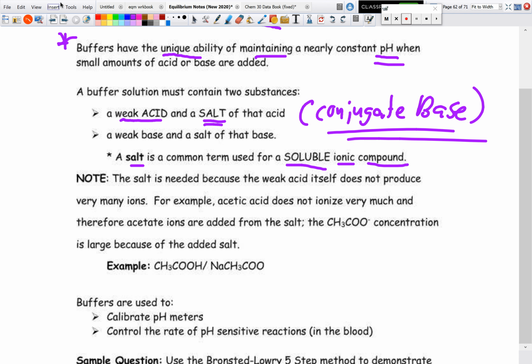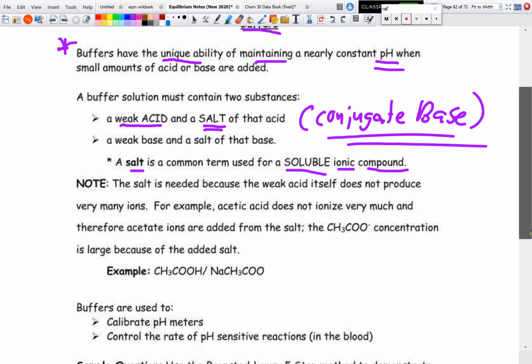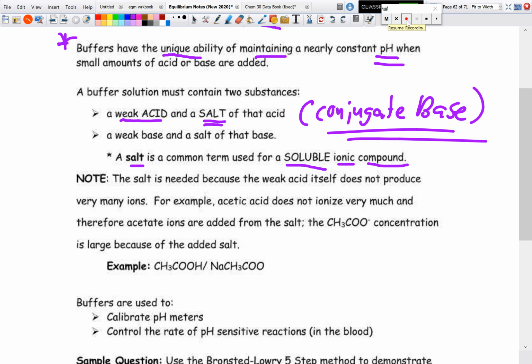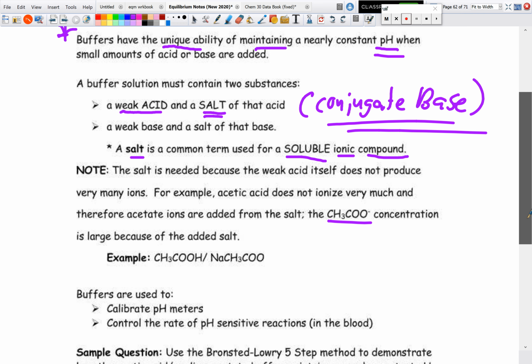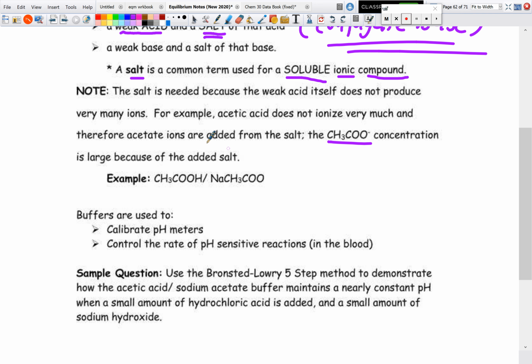So, example of let's say a buffer system made from, let's see, the carbonate ion, or sorry, that's not carbonate, acetate ion. We can create a buffer if we have acetic acid and sodium acetate.